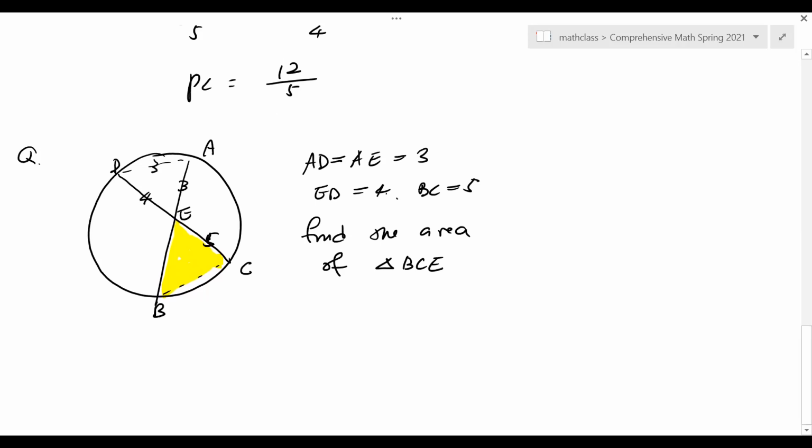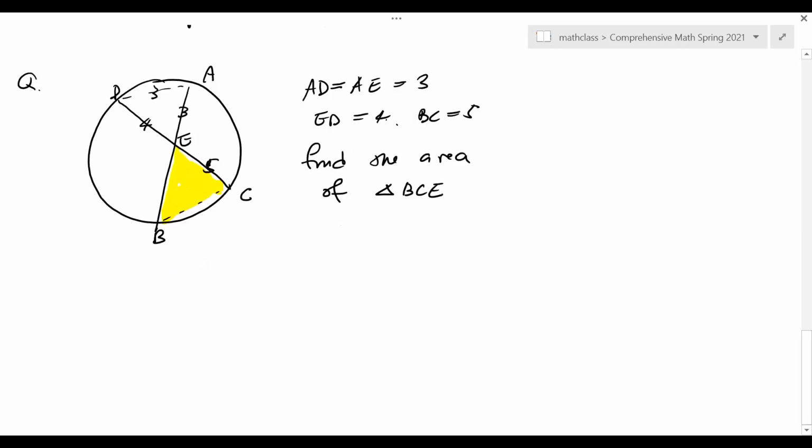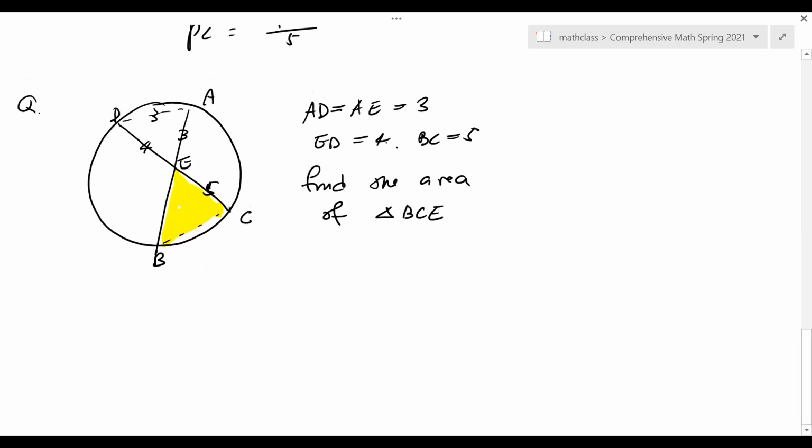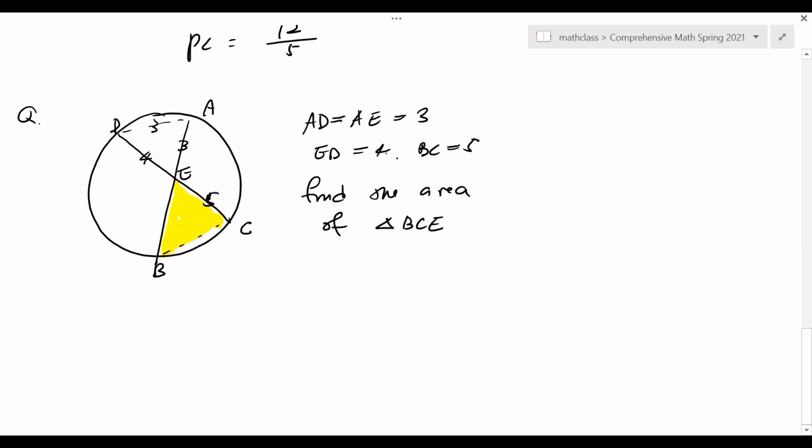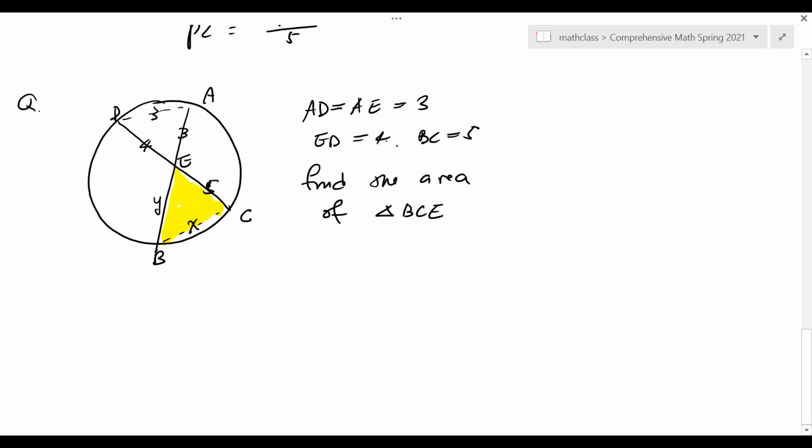As we see, you can actually determine all the sides of this triangle. Like this is X, this is Y. But you probably don't need that, right? So why? The triangle AED is similar to the triangle CEB, for the same reason.